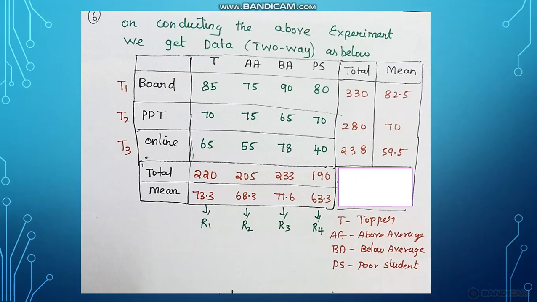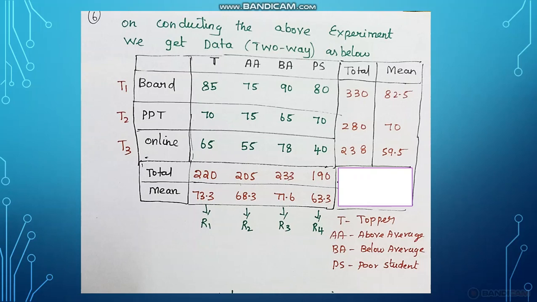Similarly 205 divided by 3 will give 68.3, 233 divided by 3 will give 77.6, and 190 divided by 3 will give 63.3.